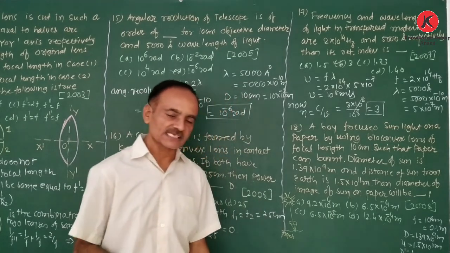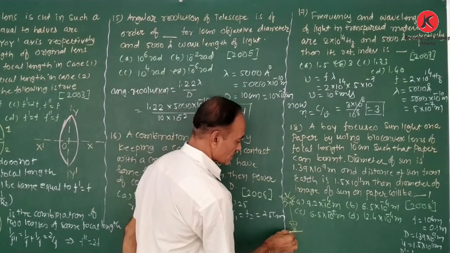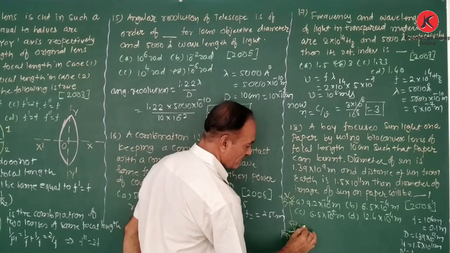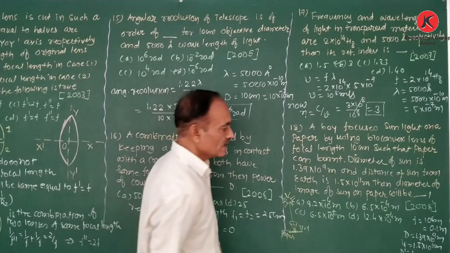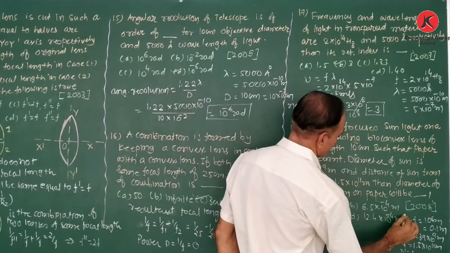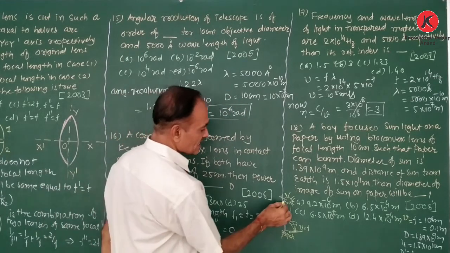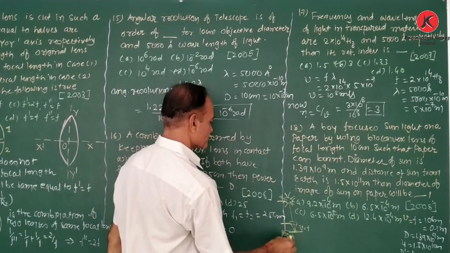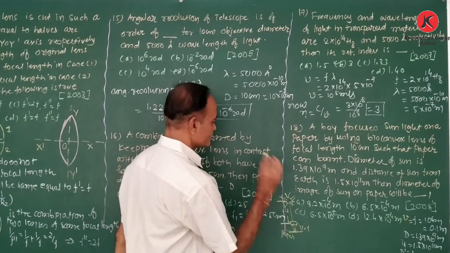We have the experience that as we focus the sunlight on a paper, the distance of the image is equal to the focal length of the lens. V is equal to f. Therefore f is equal to our image distance V. Now the distance between the sun and the lens is our object distance U.